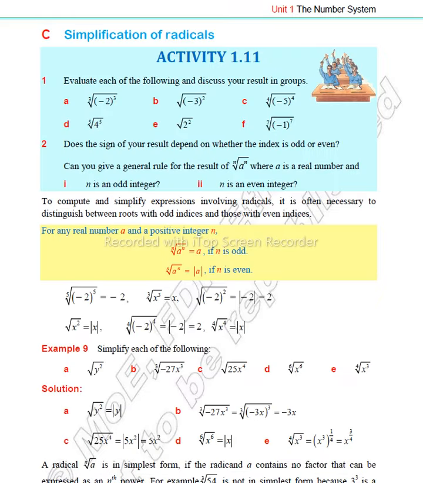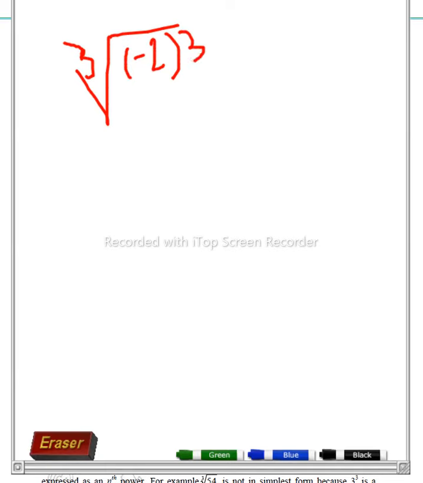Let us simplify this. Let us write the question first. Here we have the cube root of minus 2 to the power of 3. As we saw previously, cube root, when we write it without the radical, first we have minus 2, or negative 2, to the power of 3.